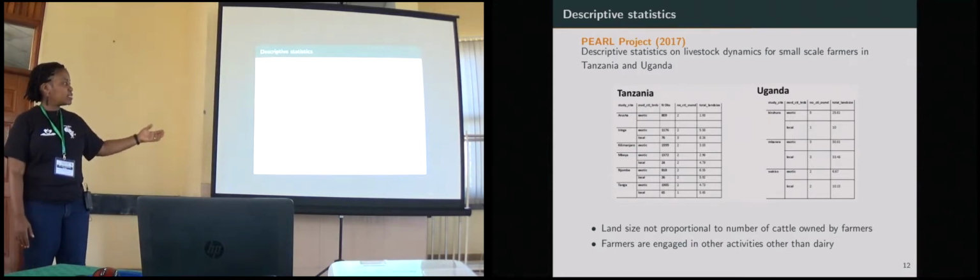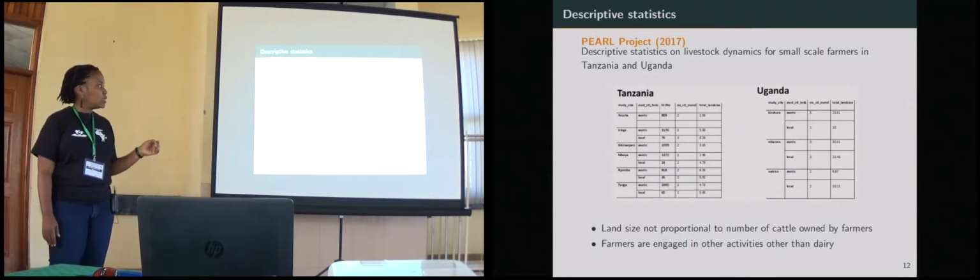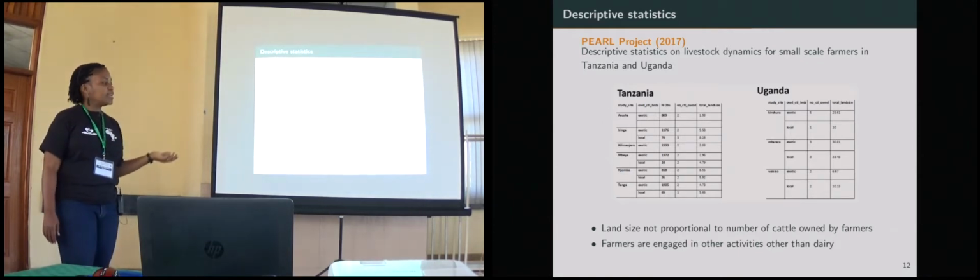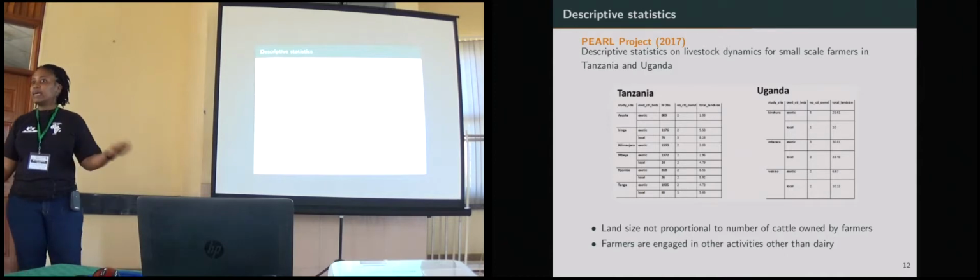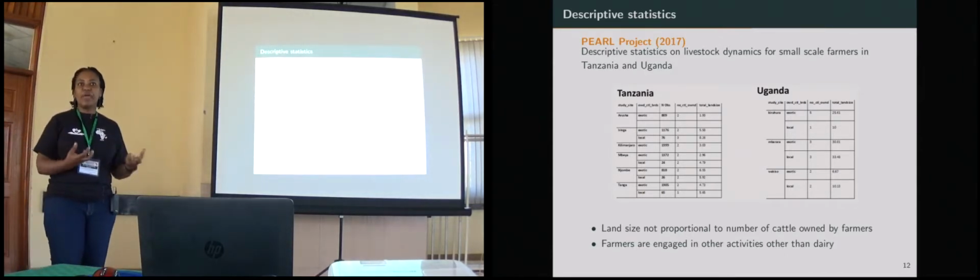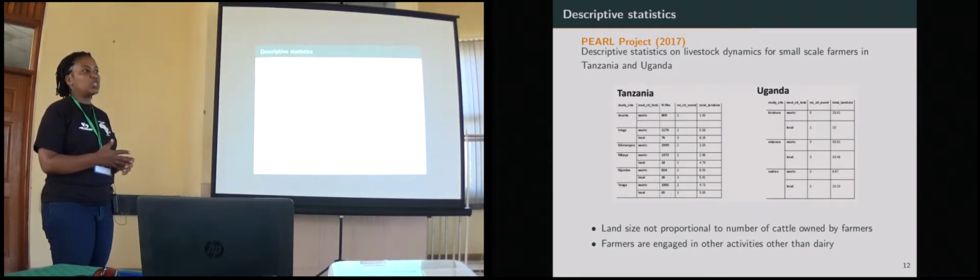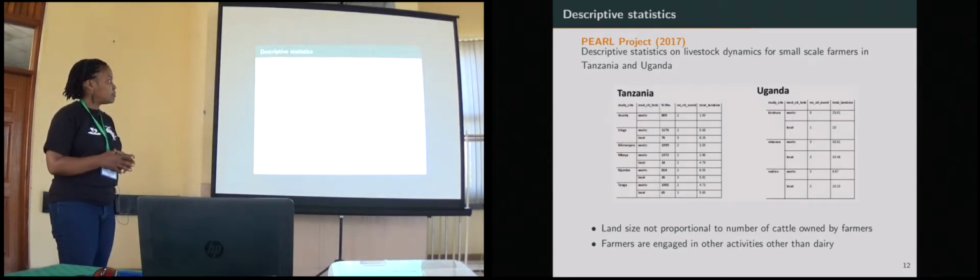The same case was viewed in Uganda. A farmer in Chiruhura had 3 animals on a land size of about 10 acres. So what insight do you make from that? That's just the quantification and summarization of the data from these farmers.